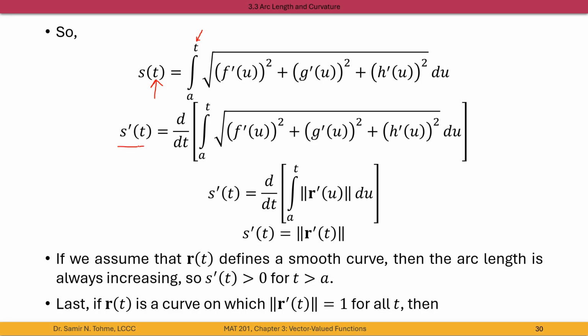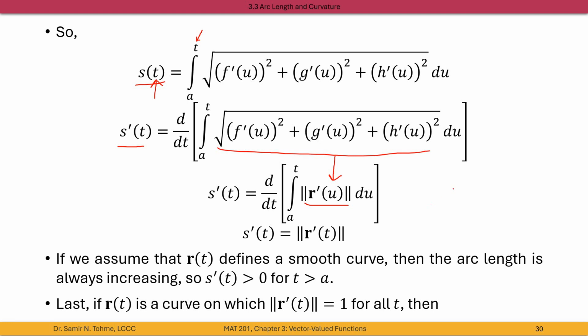To calculate the derivative to get the speed, it's the same formula because we're doing the derivative of s. So do the derivative with respect to t for s, and since this whole thing is the magnitude, we wrote again the magnitude. We know before from previous courses, whenever you're doing the derivative of the integral, you will get rid of the integral and have the integrand only.